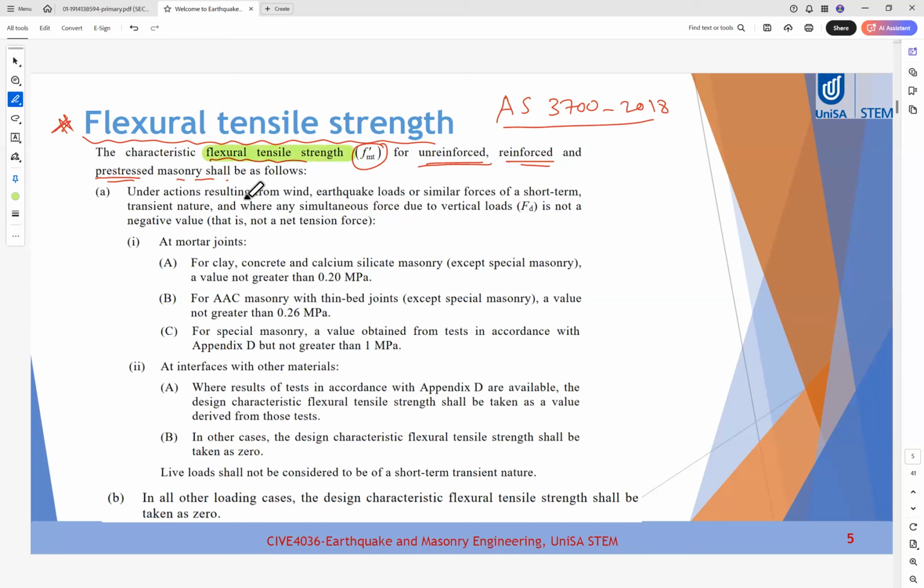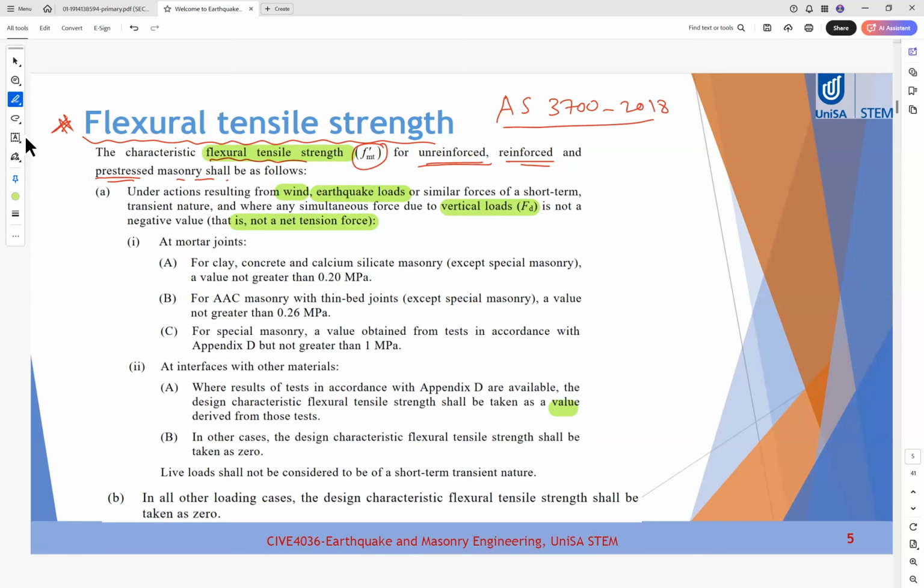Under action resulting from wind or earthquake loads, or similar force of a short-term transient nature, and where any simultaneous force due to vertical loads, F_d, is not a negative value, which means there is no net tension force on the wall.